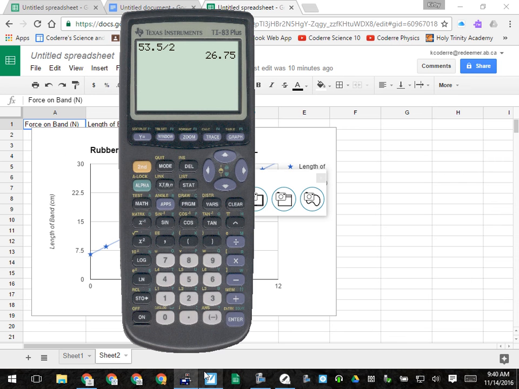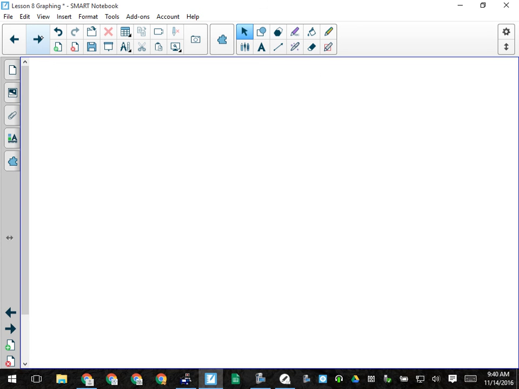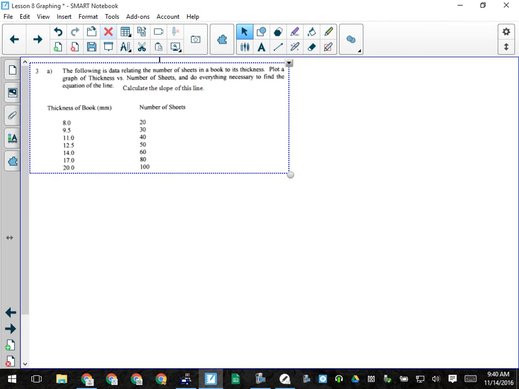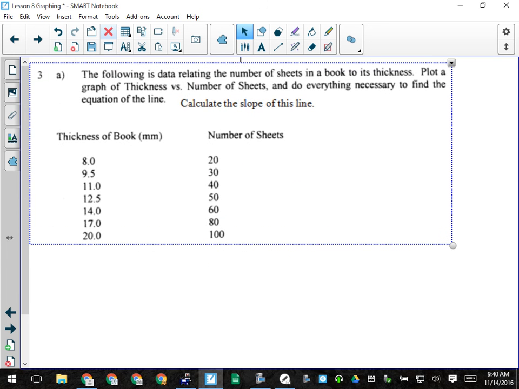Okay, add another sheet, guys. And I want you to do that one. In this case, the thickness of the book depends on or responds to the number of sheets. So what goes on the x-axis?